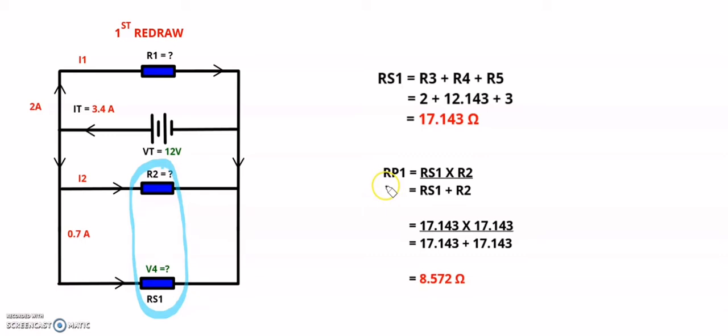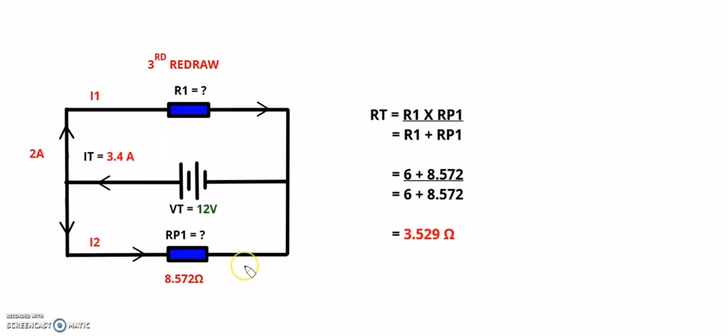My first parallel section looks like this: RP1 is equal to RS1 multiplied by R2 over RS1 plus R2, which gives me 8.572 ohms for those two resistors. Now let's go to the redrawn circuit and see what it looks like. Now we can see that those two resistors have become R parallel 1.